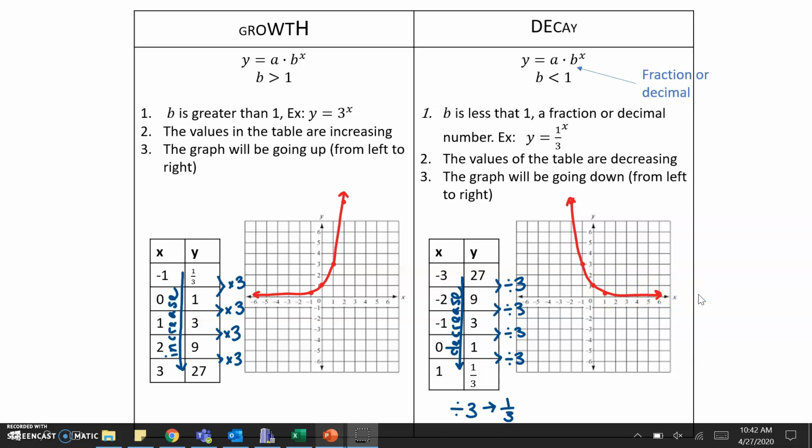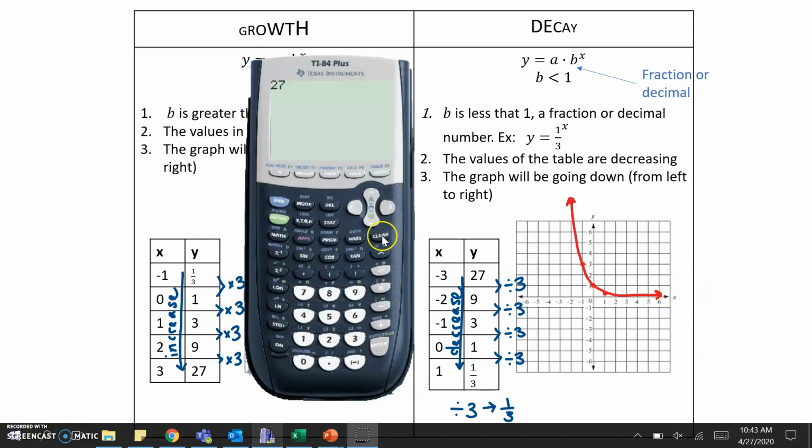Now what's actually happening here is the fact that if you continue to divide by 3 over and over and over again, you can't get 0 by dividing any number over and over again. So this graph is leveling out because it's getting closer and closer to 0, but it can't ever actually reach 0. So that's why it ends up looking like a flat line, but really it's just getting closer and closer to 0.